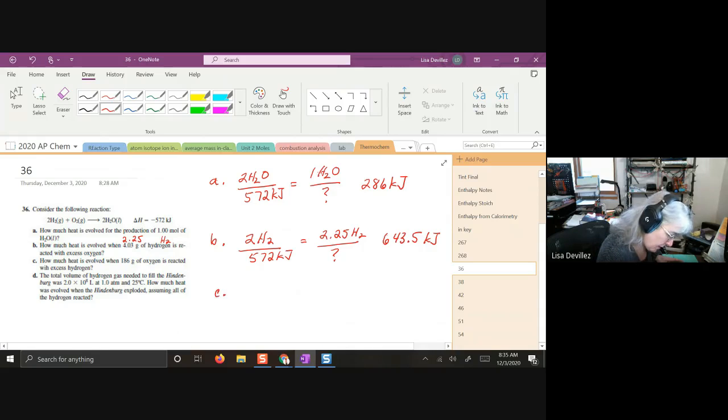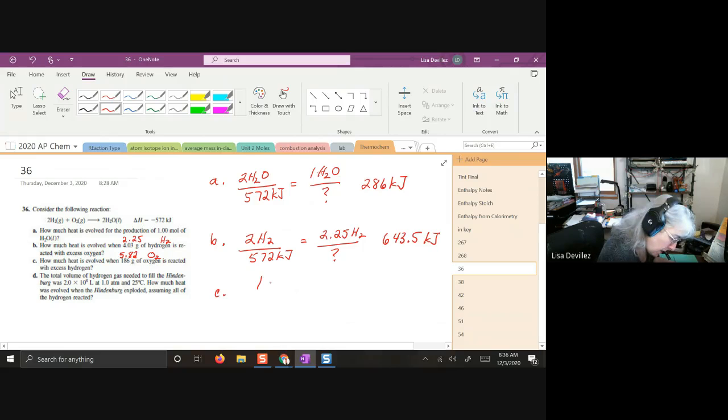How much heat is evolved when 186 grams of oxygen is reacted? So let's see, 186 divided by 2. So I get 5.82 moles there.